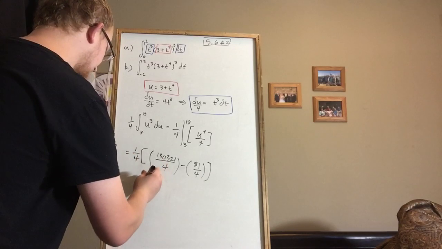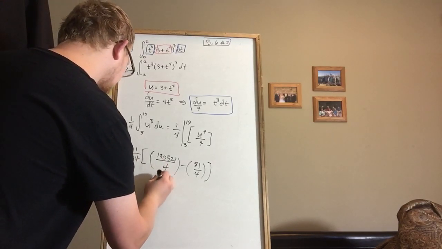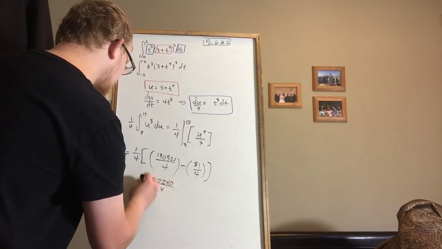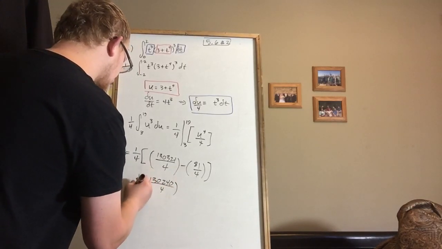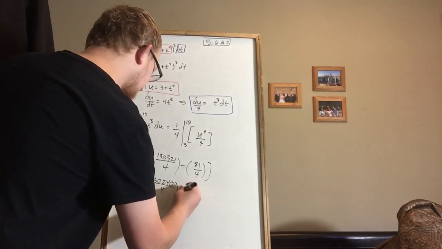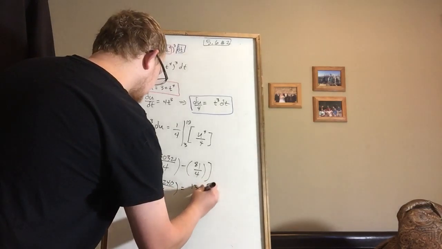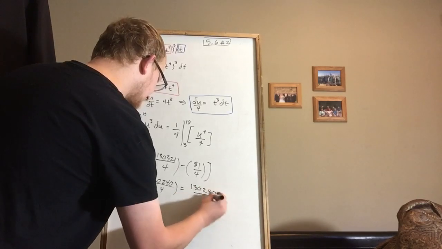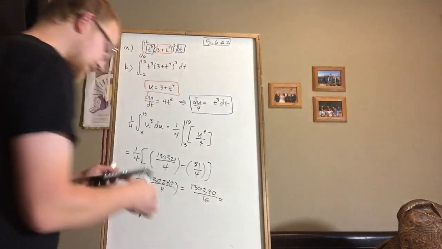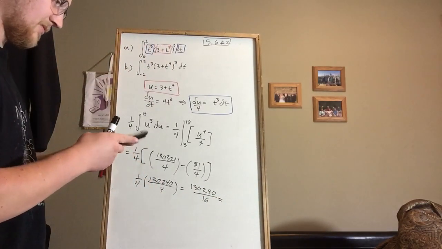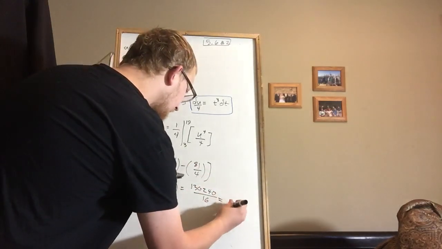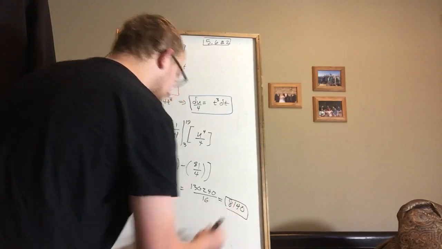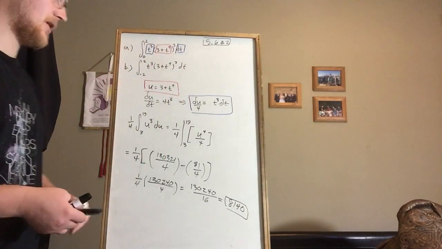And what we end up with is 130,240 over 4, all times 1/4. So we'll multiply that in, and we'll end up with 130,240 divided by 16, which comes out to be a nice even number of 8,140. And so that's our answer for part A.